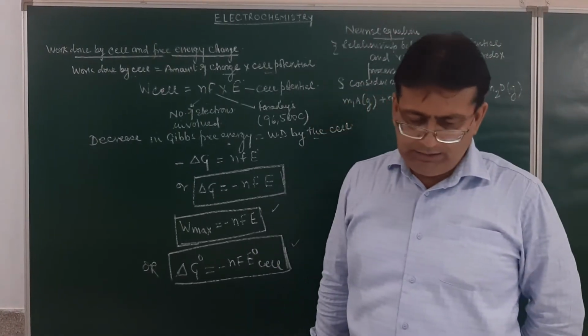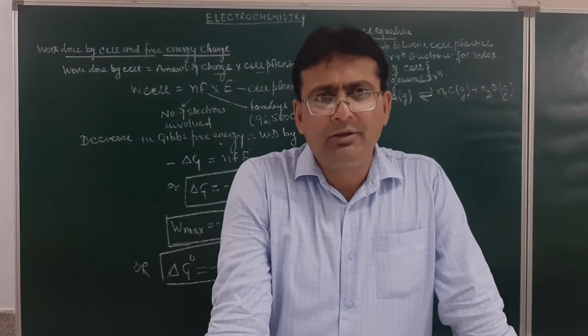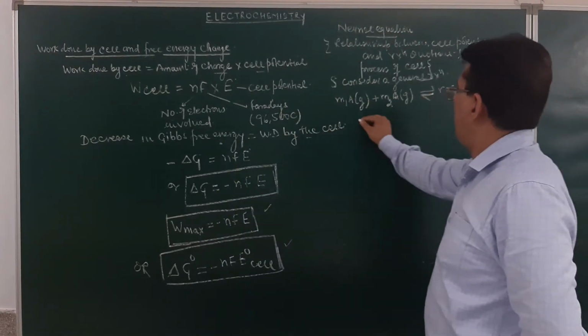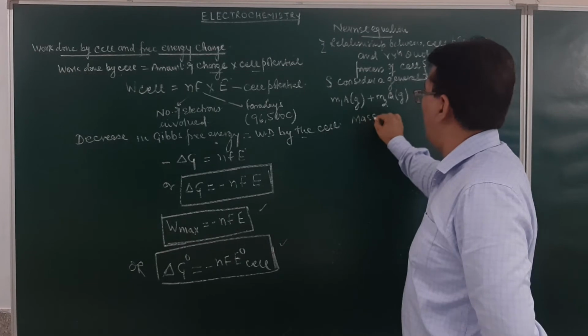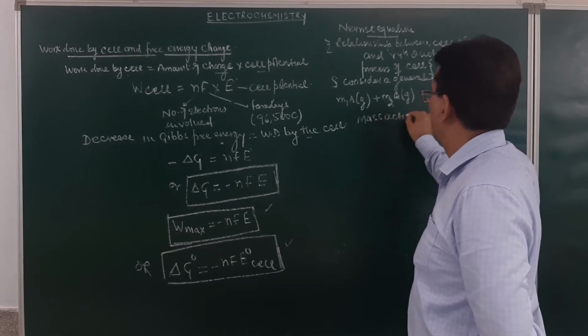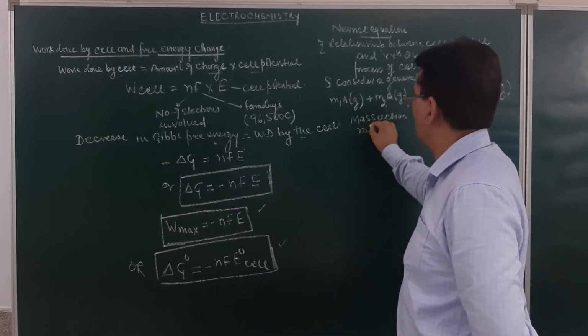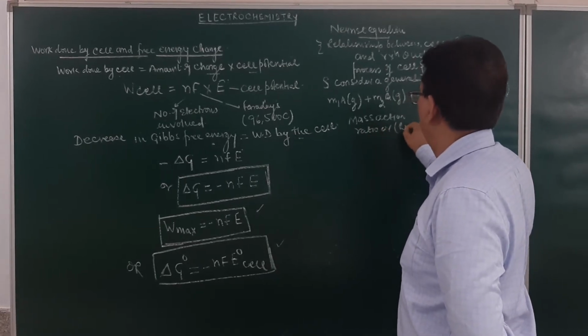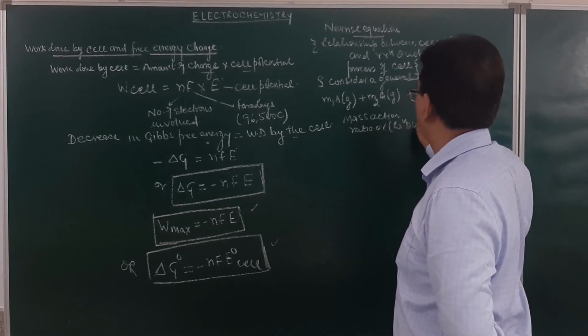Now, if we apply the law of mass action, then we can find out the mass action ratio, or this can be called a reaction quotient.